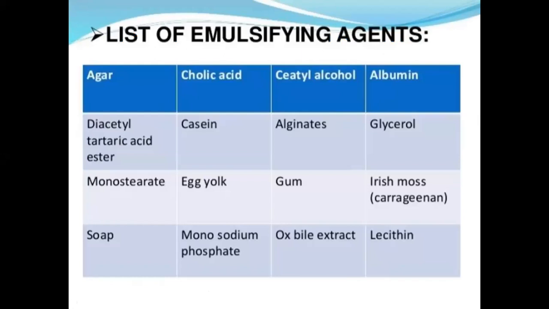Acacia has an HLB value of 8, polysorbate 20 has an HLB value of 16.7, polysorbate 60 has an HLB value of 14.9, polysorbate 80 has an HLB value of 15, sodium oleate has an HLB value of 18, tragacanth has an HLB value of 13, and SLS, sodium lauryl sulfate, has an HLB value of 40. The HLB values of particular emulsifying agents are also asked in MCQs. A solubilizing agent helps to solubilize the drug or substance.